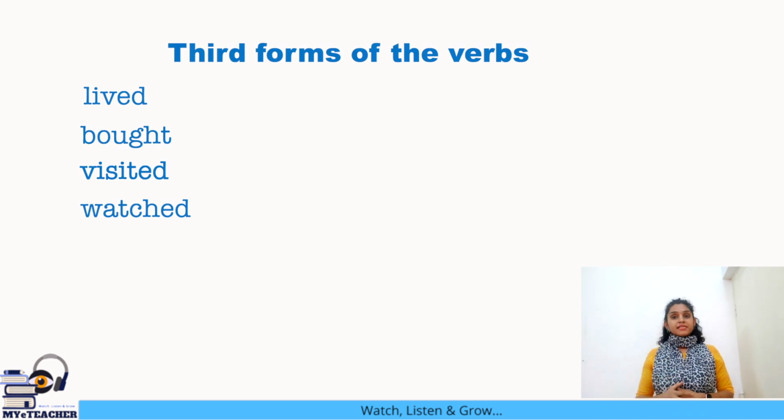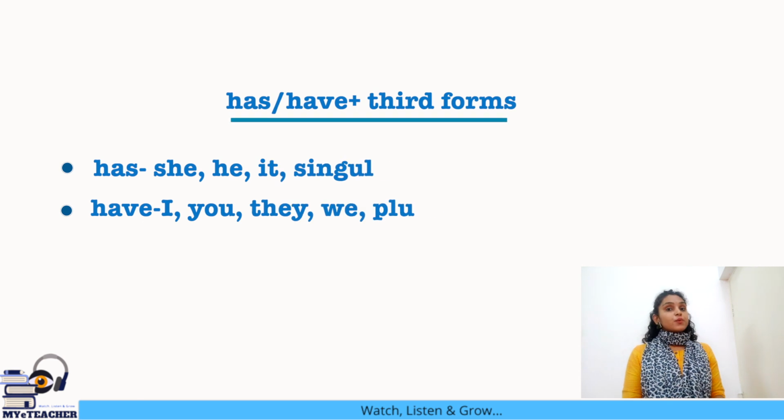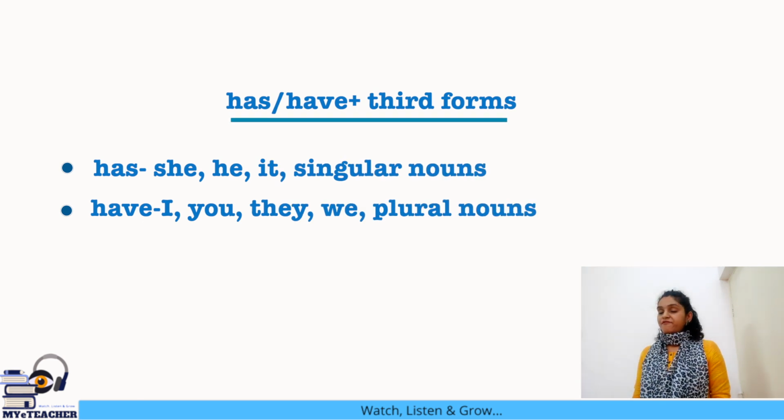If we look at all the examples, we find that the third forms of the verbs are used in present perfect tense. Lived, bought, seen, all these are the third forms of the verbs. Along with that, the auxiliary or helping verb has or have is used. When do we use has and when do we use have?